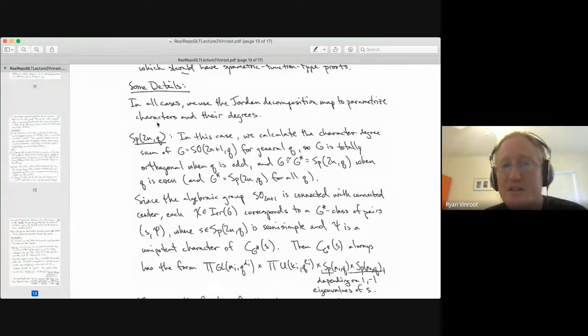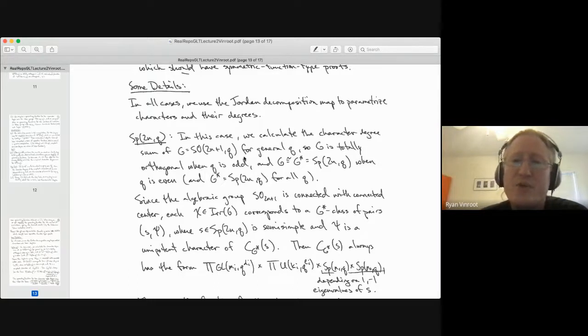So when we look at the symplectic group, the dual group is SO2n+1. And what we're going to do is just calculate the character degree sum of SO2n+1, because when Q is even, that's the same as Sp2n(Q). And when Q is odd, we know it's equal to the number of involutions.